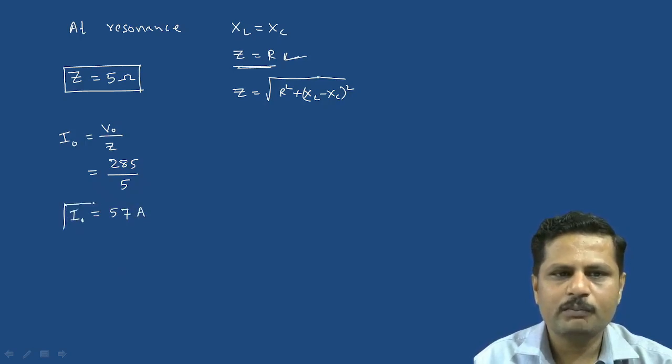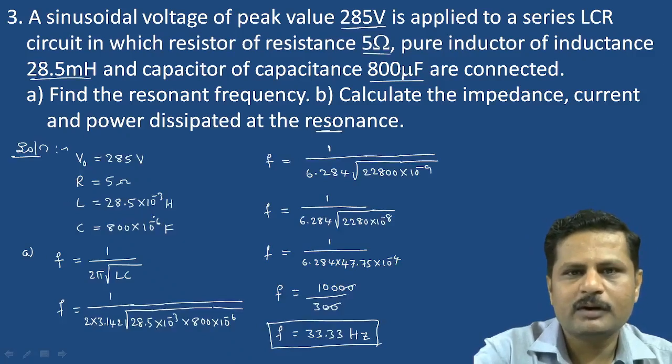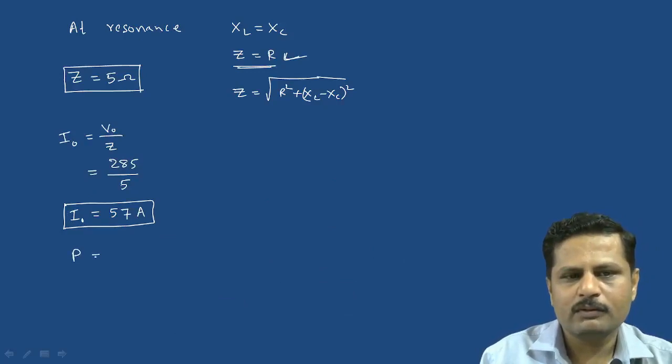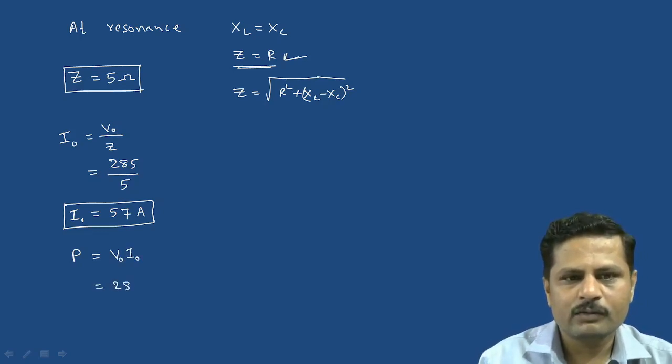Now we need to find out power dissipated. Let's see now the power dissipated at the resonance. As we know, power equals to VI, that is peak voltage and peak current. So V naught we have seen is 285 and I naught equals to 57.